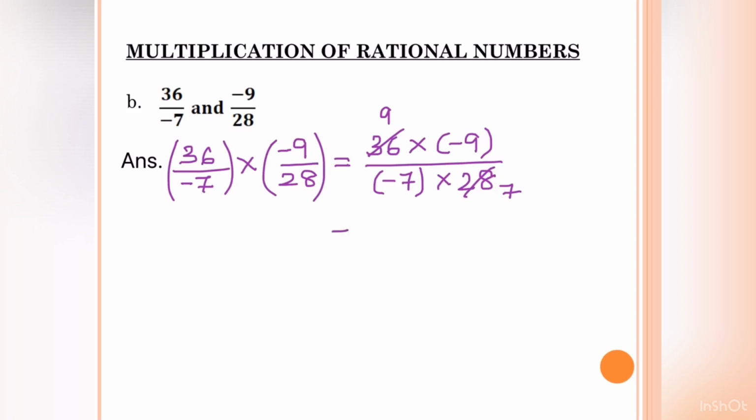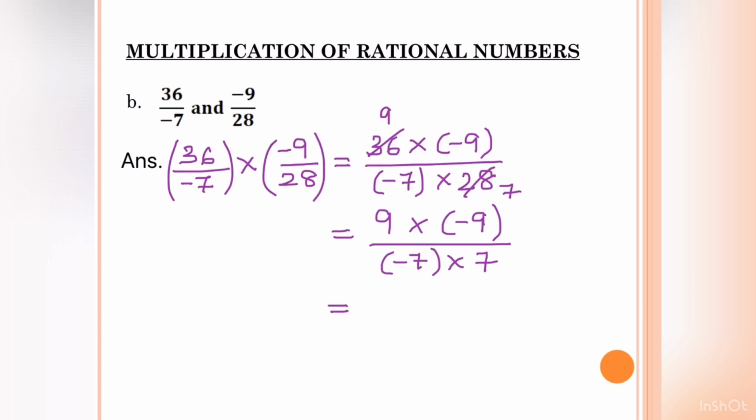So this expression is equal to, in the numerator we have 9 times minus 9 and in the denominator we have minus 7 times 7. We know that the product of a positive integer and a negative integer is a negative integer.